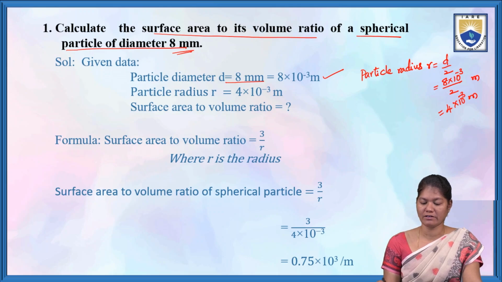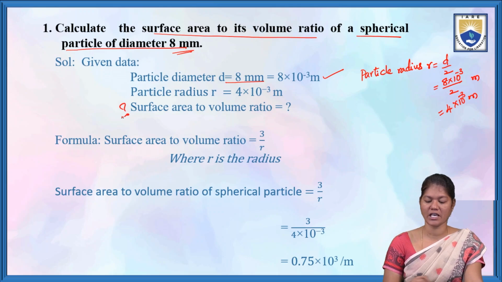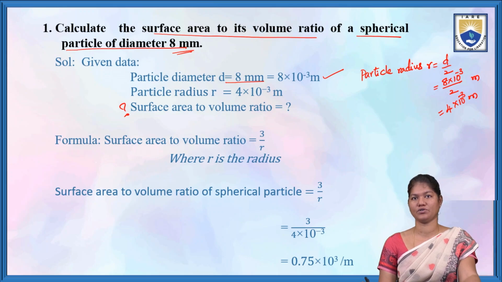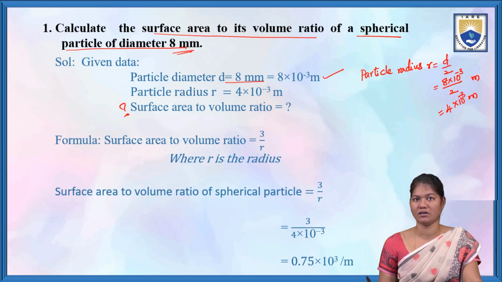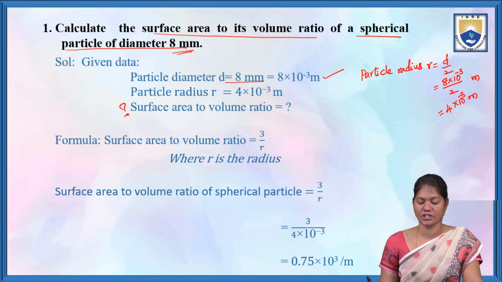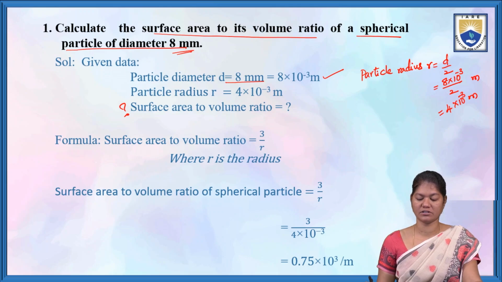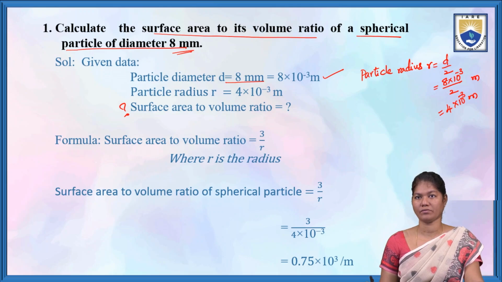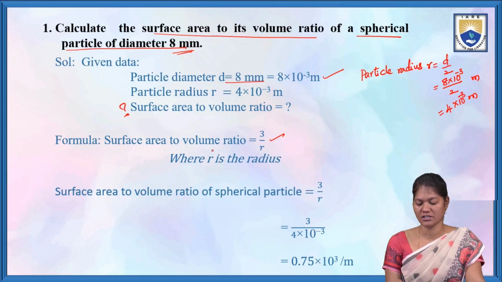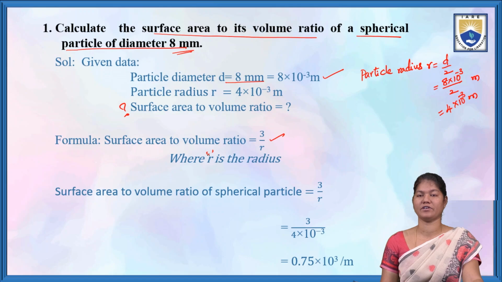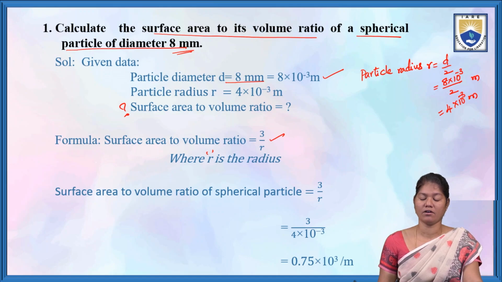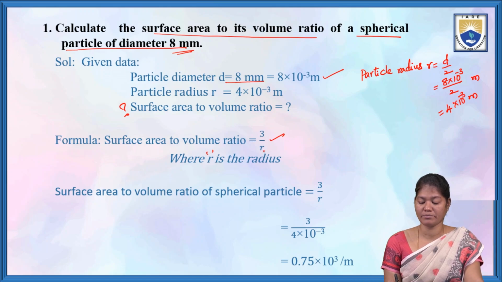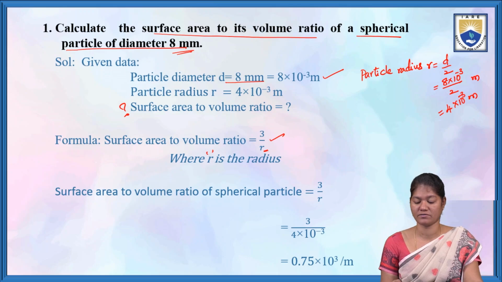So we need to calculate the surface area to volume ratio. The formula for this surface area to volume ratio is equal to 3 by R, where R is the radius. The derivation of this formula we have seen already in the previous sessions.